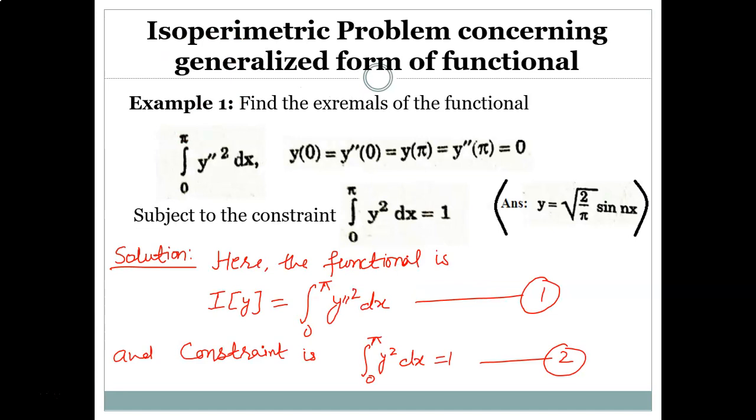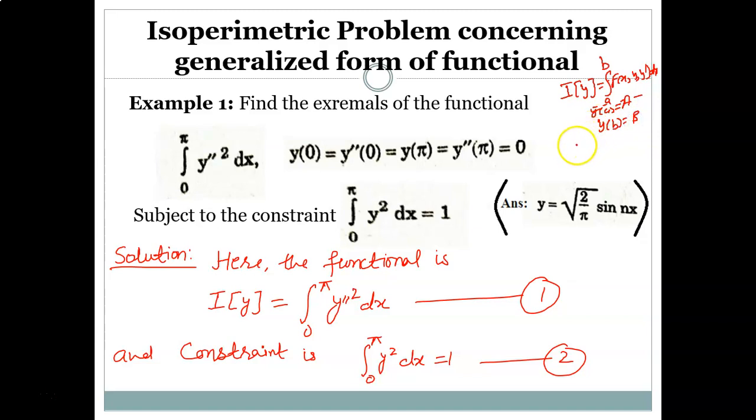The next is the isoperimetric problem concerning generalized form of functionals. In our earlier lecture regarding the isoperimetric problem, we have considered only the situation that we are given a functional I[y] in this form, integral of f(x, y, y dash) dx, with certain boundary conditions given: y at a is suppose a, y at b is equal to b.